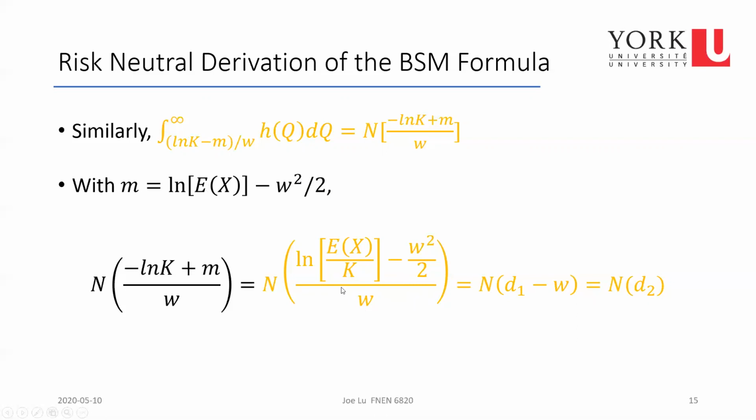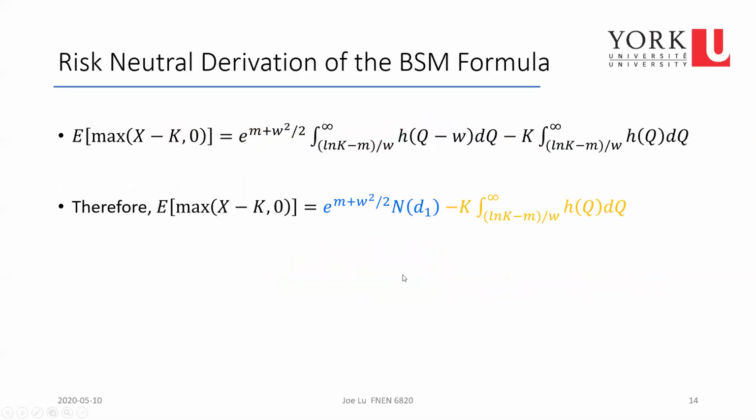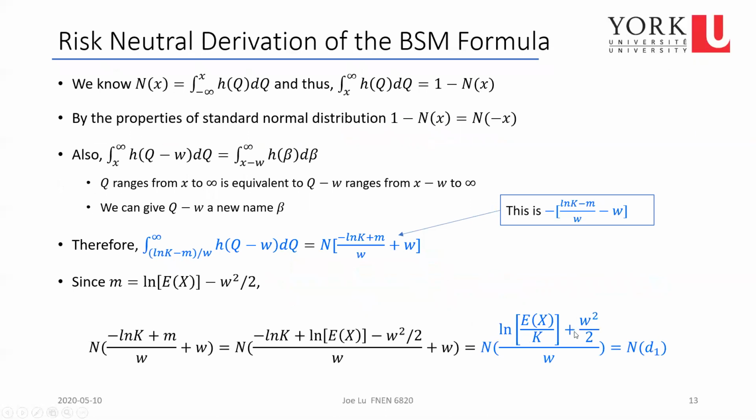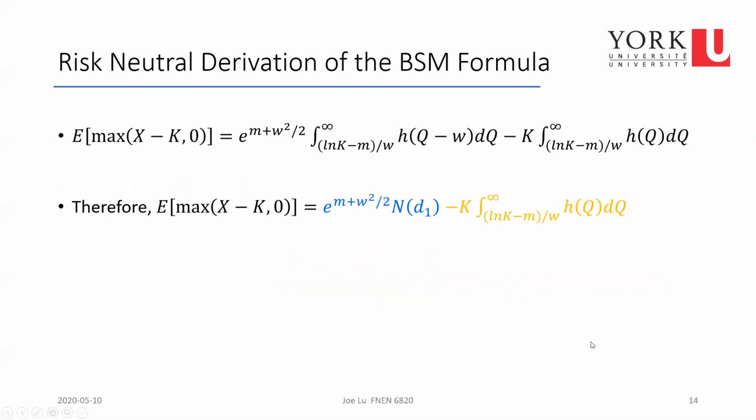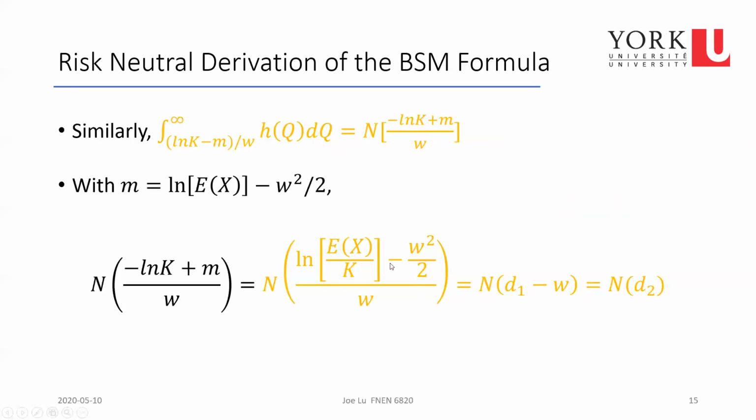So this part is really d2, which is, if you look at it, d1 minus W, because the d1 has a plus sign here, plus sigma squared, plus W squared divided by 2, and we have here minus W squared divided by 2. So this part is d2.